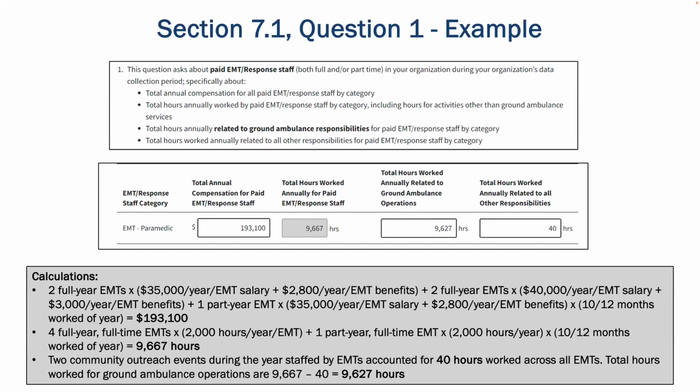They input the 9,627 hours worked annually related to ground ambulance operations and the 40 hours worked annually related to all other responsibilities. The organization confirms that these hours look correct and correctly sum up to 9,667 total hours worked.